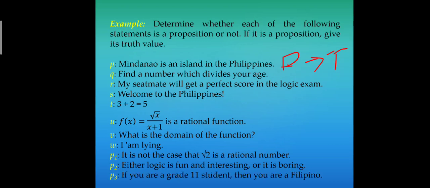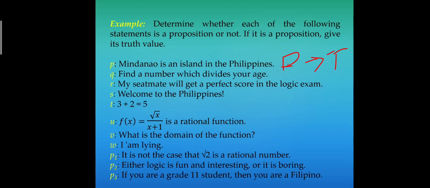And lastly, we have P sub 3. If you are a grade 11 student, then you are a Filipino. We know that the statement actually is a declarative sentence, but it is not true.